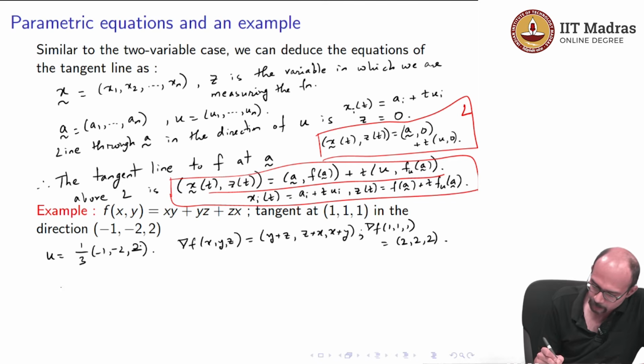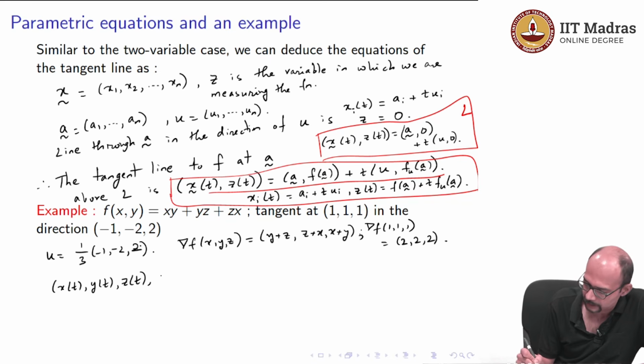So, from here we can compute the vector equation. That is going to be x(t), y(t), z(t). I am using z(t) here already, so let us view the function in terms of u, that is the last variable.